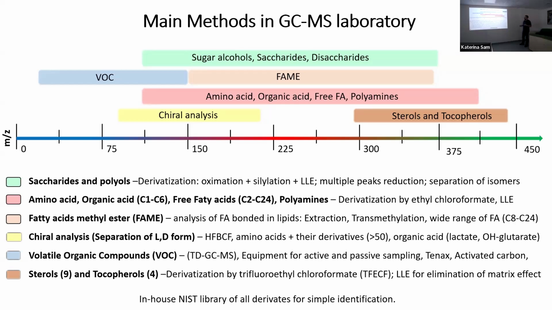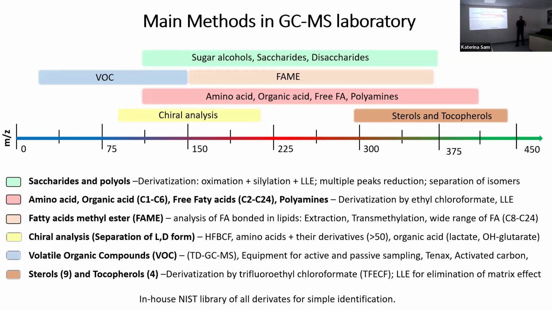The special analysis in the GCMS lab is the chiral analysis. It's the analysis for the separation of D and L isoforms of compounds, typically of amino acids and organic acids. Maybe for you, our volatile organic compounds platform is very interesting. It's for the analysis of volatile compounds.